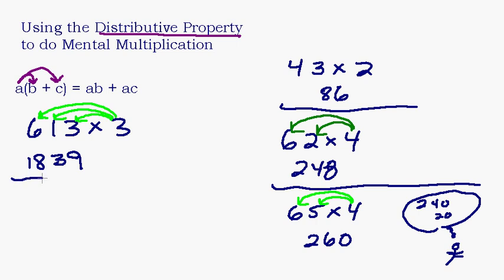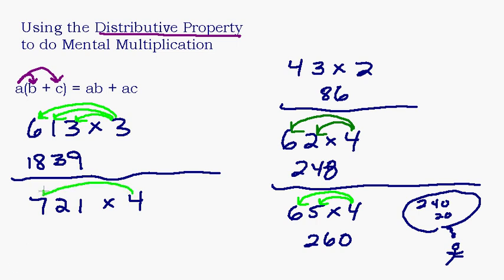Let's try another one that doesn't carry for 3 digits. How about 721 times 4. 2884.